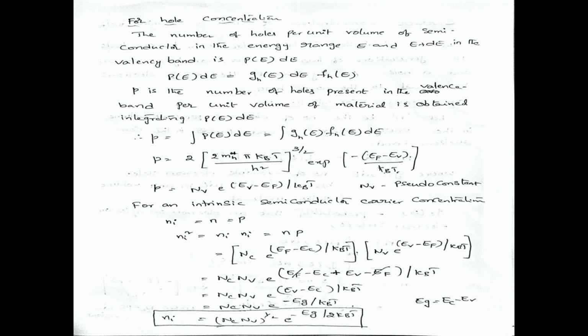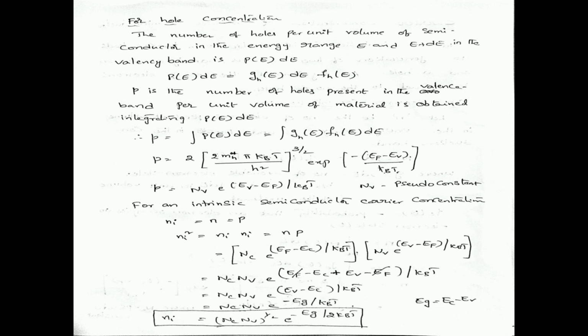Here Ef means Fermi energy level, Ev is the energy level at the valency band. So, P is equal to Nv e power (Ev minus Ef) by kBT. Here Nv is the pseudo constant, that value is 2 into (2 pi mh star kBT by h square) power 3 by 2.